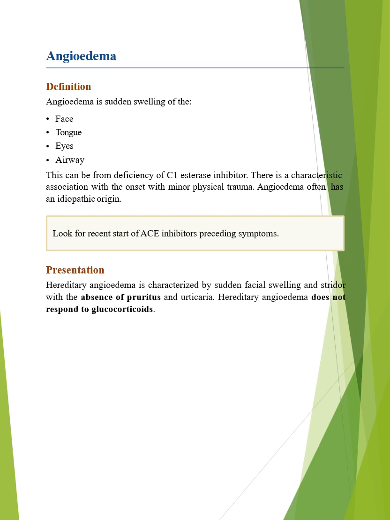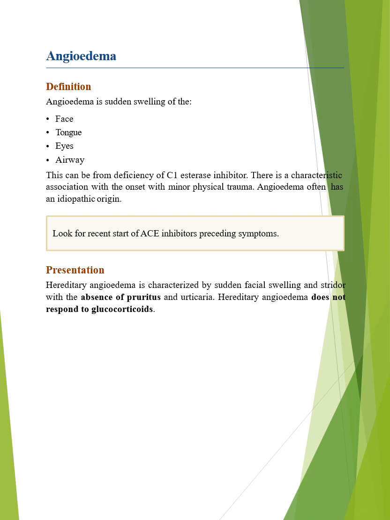In slide number 4, we will discuss angioedema. By definition, angioedema is a sudden swelling of the 1 face, 2 tongue, 3 eyes, and 4 airway. This can be from deficiency of C1 esterase inhibitor.